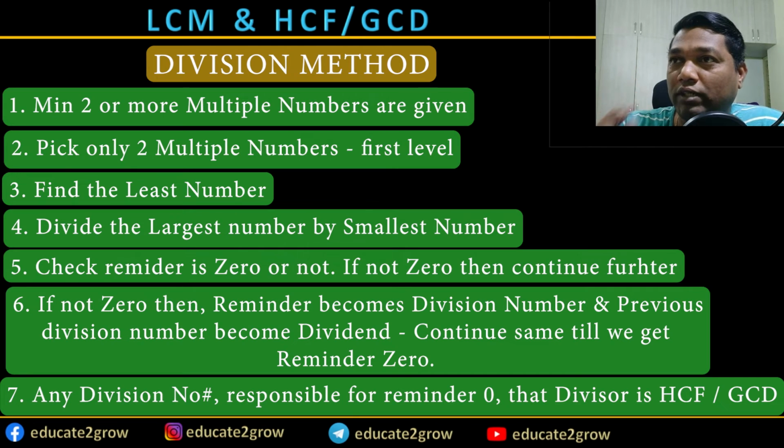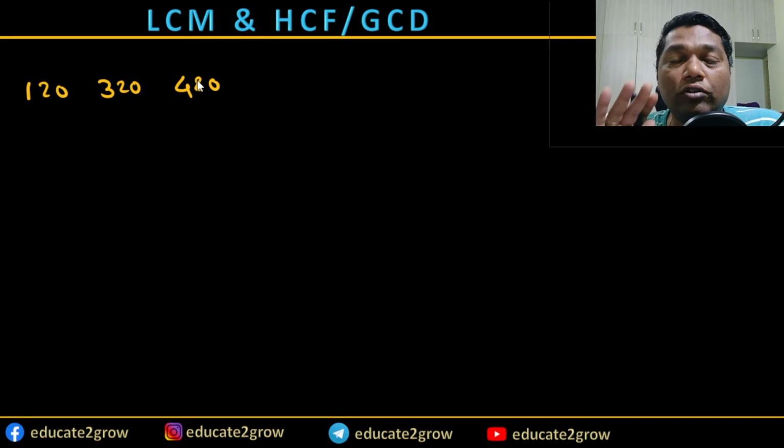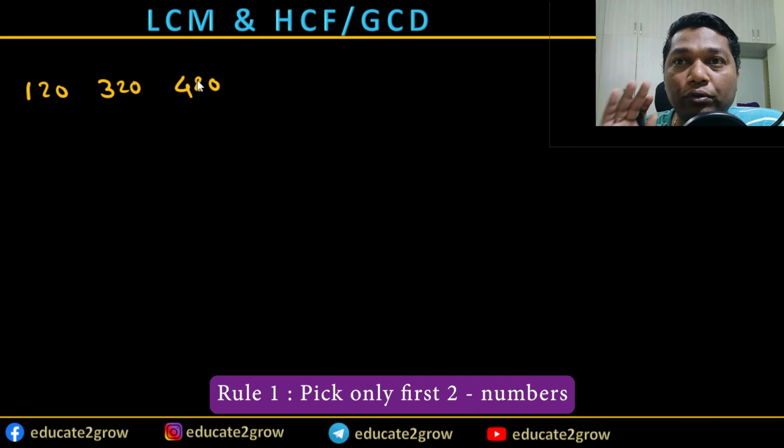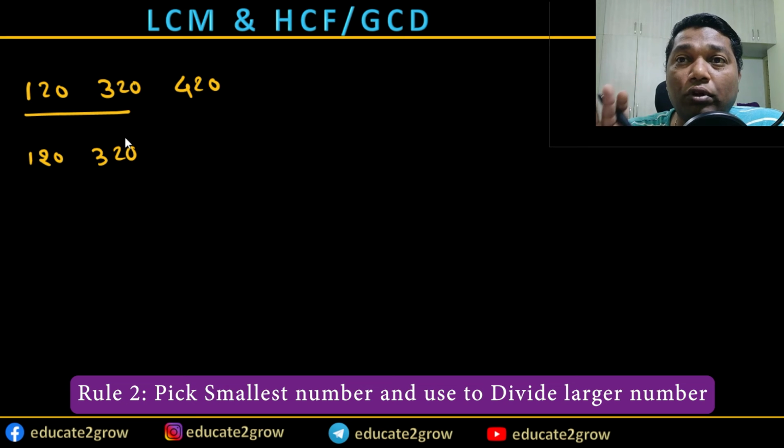So let me explain here. Let me take directly three numbers, 120, 320 and 420. The condition says we have to use first only two numbers, so pick these two numbers, 120 and 320, and we need to find the least or smallest number out of these two.